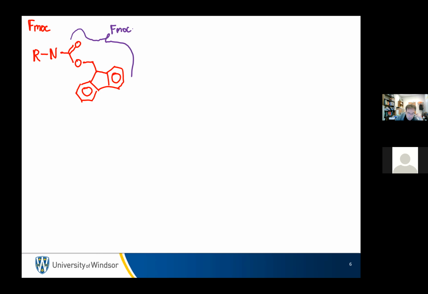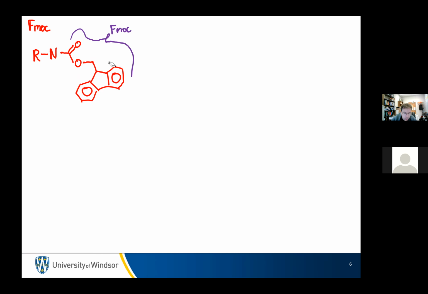It stands for fluorenyl, not fluorine the atom, but fluorenyl. It's spelled exactly the same way, except there's an E instead of an I. Methyl, that's the M. Fluorenyl methyl carbamate kind of thing.